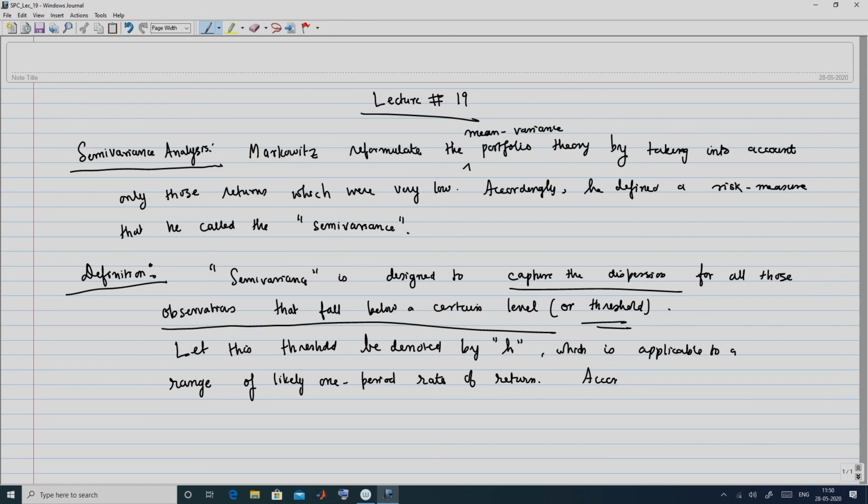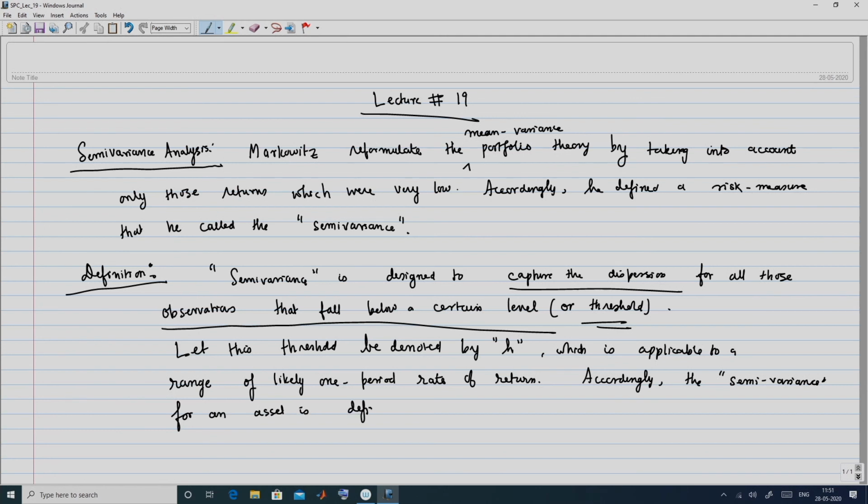So, accordingly the semi-variance for an asset is defined as follows.